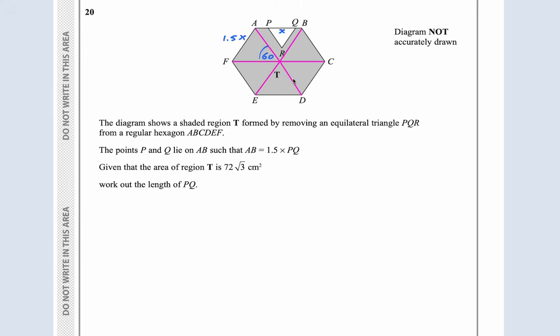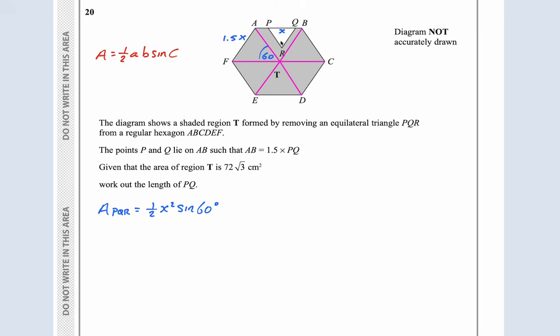Anyway, I can split it up into 6 equilateral triangles. Now, the area of a triangle is a half AB sine C. For the small triangle, the area of PQR is equal to a half, A is X, B is X, so it's X squared, and C, the angle, is 60 degrees because it's an equilateral triangle.